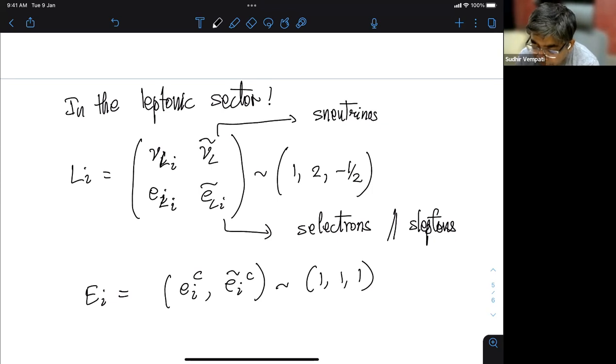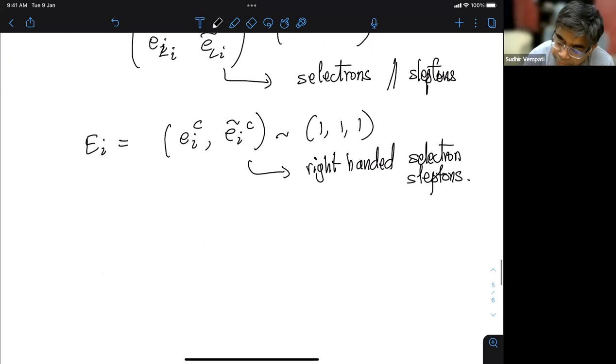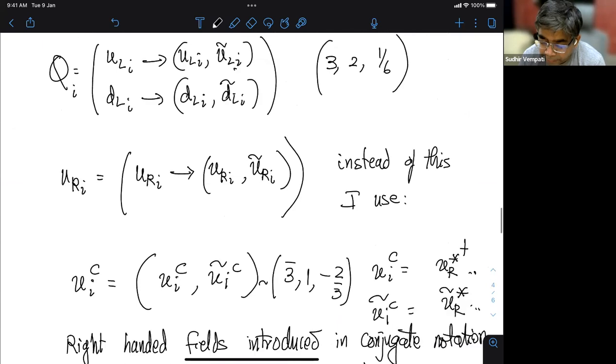This is a right-handed selectron or slepton, essentially. So this essentially completes your matter spectrum.